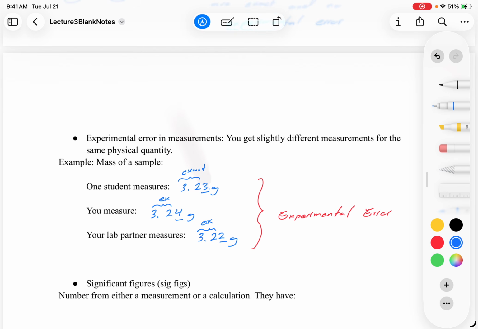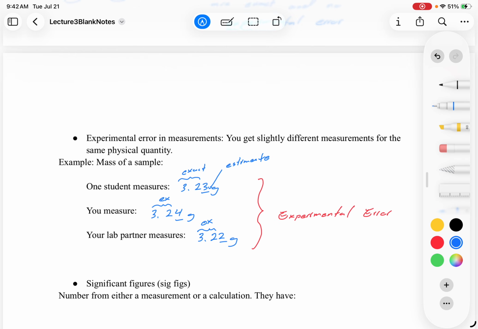And remember, the ones underlined are your estimate. In this set of data, we are allowed an estimate to the hundredths place.